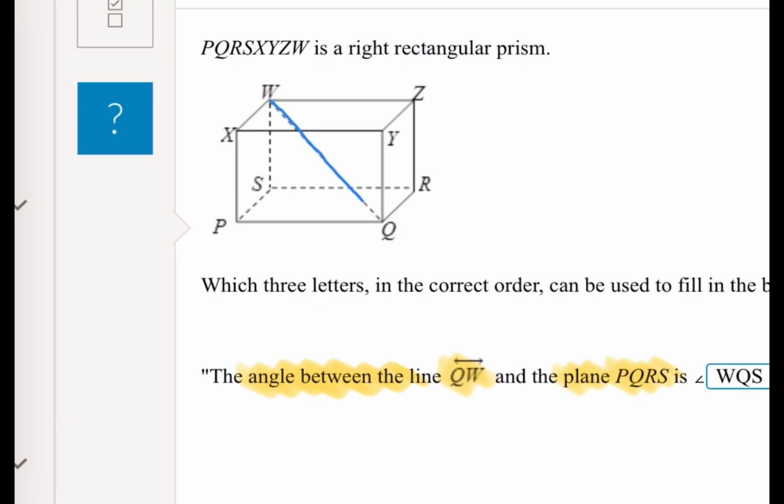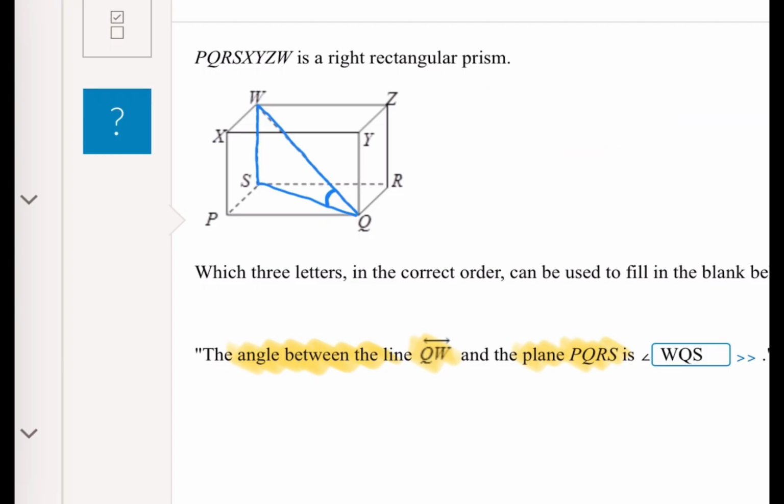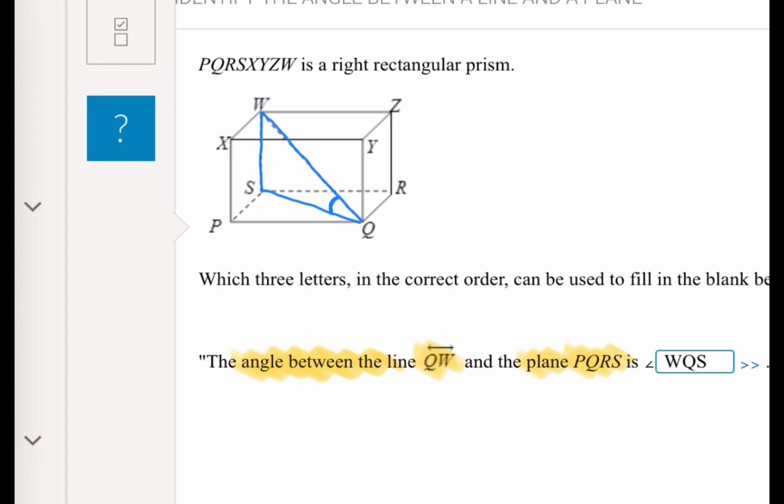The plane between the line and the plane is like that, and then the angle between them is the angle over here. So this angle is the angle WQS. And that's it.